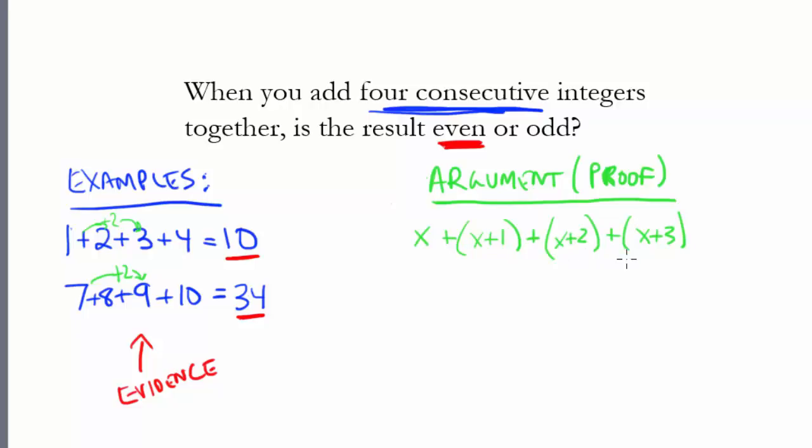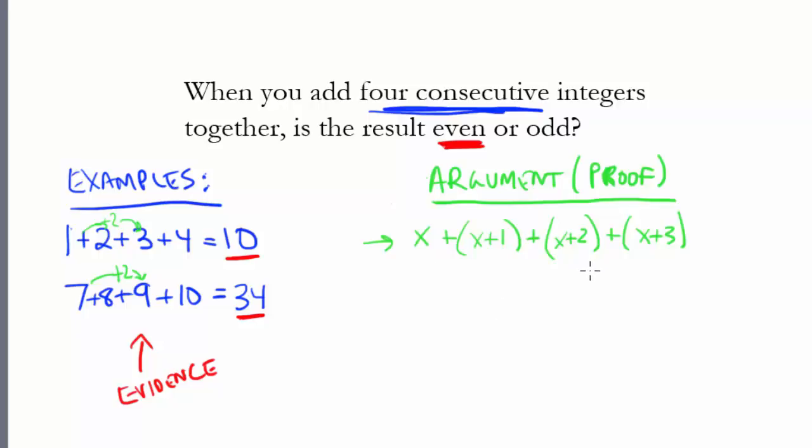This is not just 4 consecutive integers, it's any 4 consecutive integers. This represents all possible combinations of 4 consecutive integers. If you give me a value of x, these will all turn into numbers. But when we keep it algebraically with x, they can represent any possible combination.